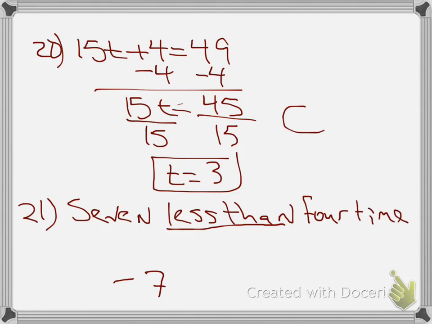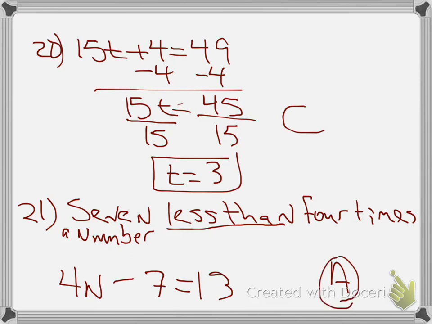So 4 times a number would be 4n, and then equals 13, so the answer choice there is A. You can solve that because there were 2 that said 4n minus 7. I have to add 7 and then divide by 4 to get an answer of 5. So the correct answer there is A.